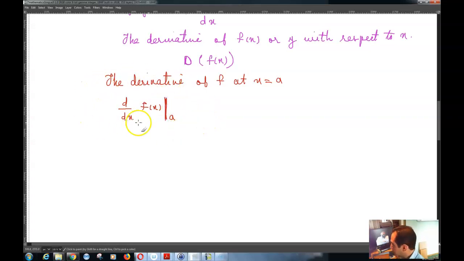You can write it this way, or you can write it as df by dx at x is equal to a, or you can even write it as df by dx at x is equal to a.